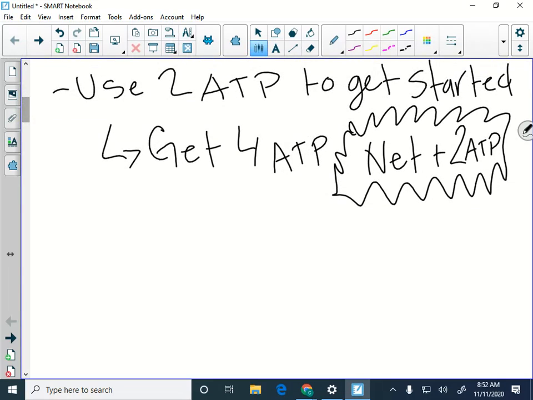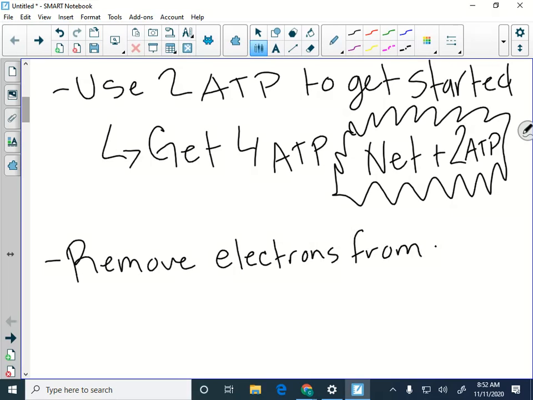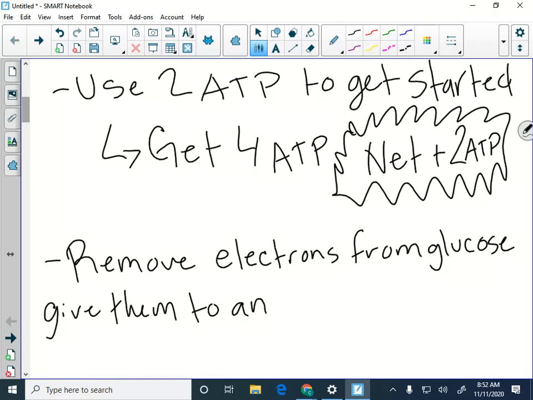During this process, we remove electrons from glucose and give them to an electron carrier.